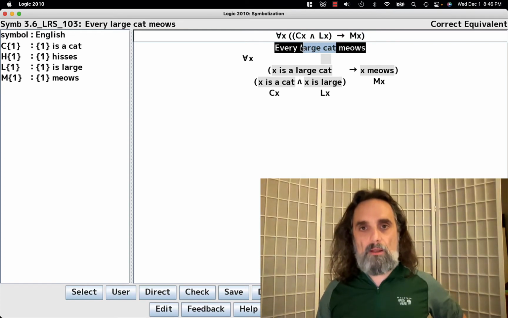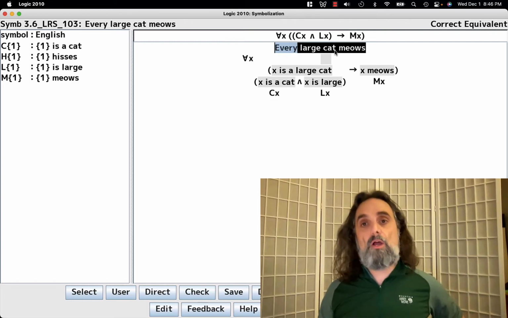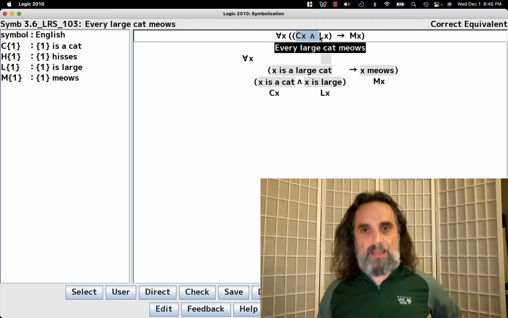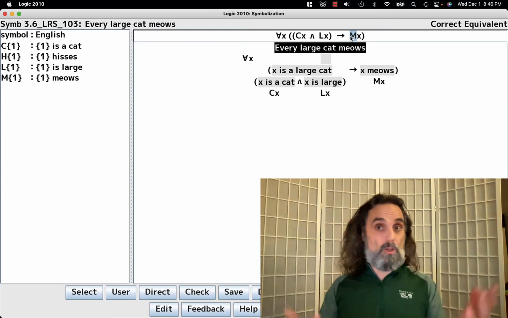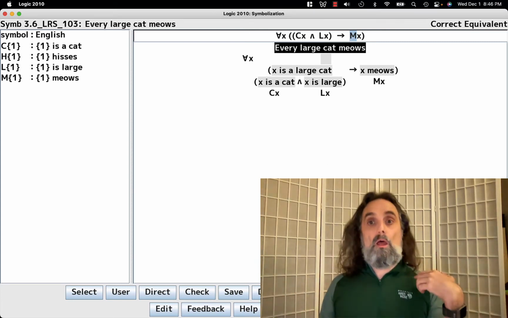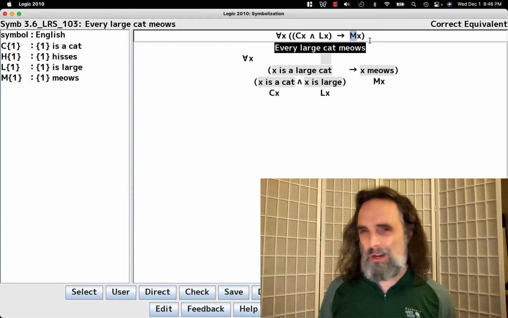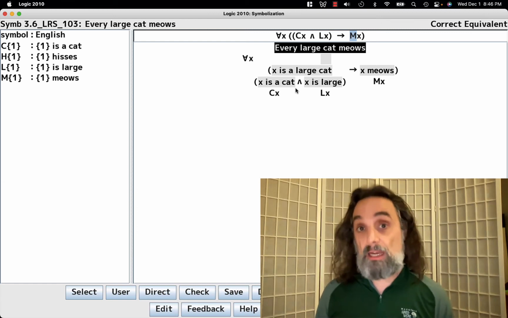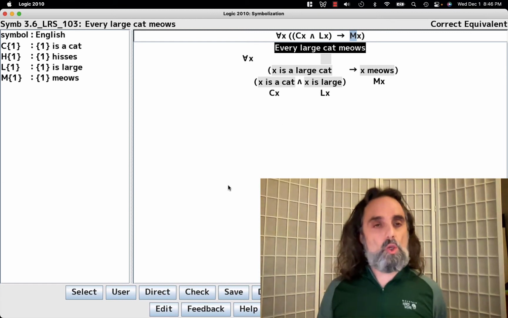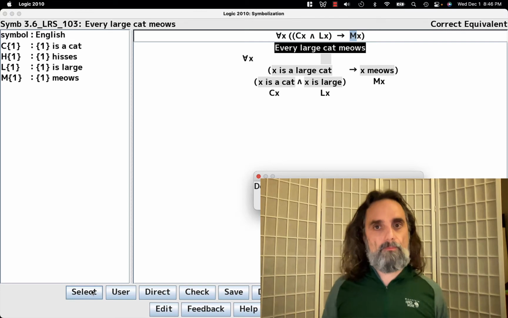Large cat is the noun that the quantity word every is hooked up to. So large cat is going to be symbolized in the antecedent with the C and the L, and then meows, the verb phrase, is symbolized in the consequent. So there we go. Good. And the reason this is saying correct equivalent is because you could symbolize it as LX and CX. Good. Let's take a look at another example.